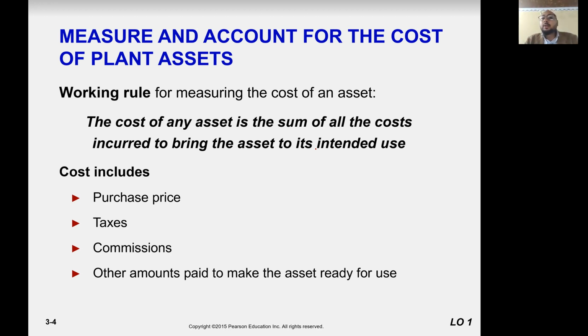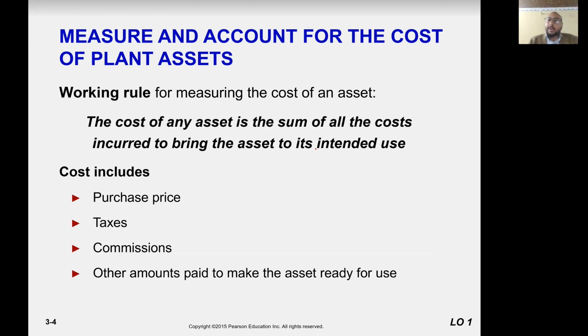Remember, the cost of the asset includes all the taxes, transportation costs, commissions, legal fees, and installation costs you paid before the first time you use that asset.